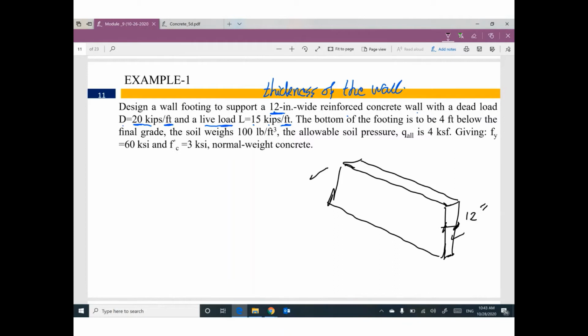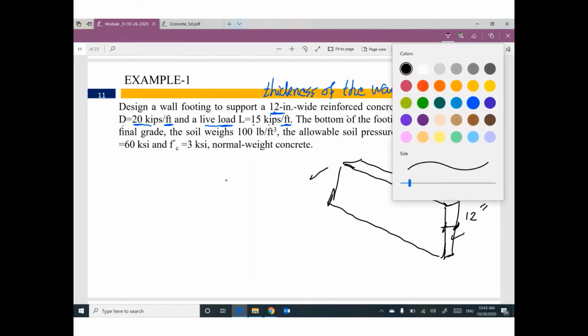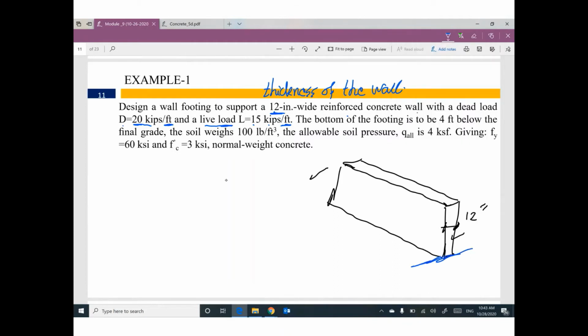I will draw a footing extended with the wall. I measured a unit length of 1 foot.